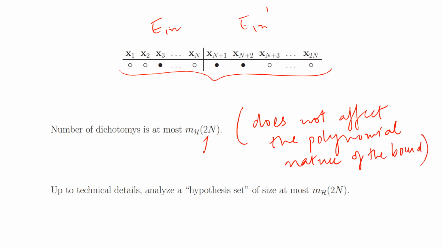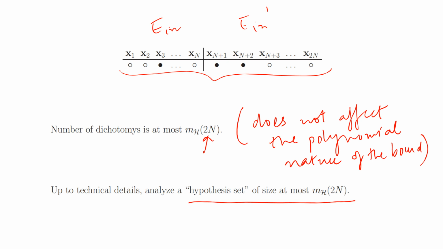The only thing is that instead of n, I replaced it with 2n. 2 is a constant, so it doesn't impact a lot except for certain technical details. And then we will have a hypothesis set of size at most 2n.